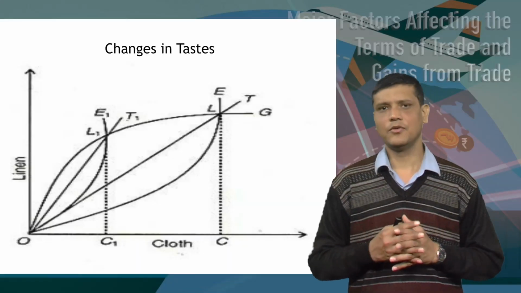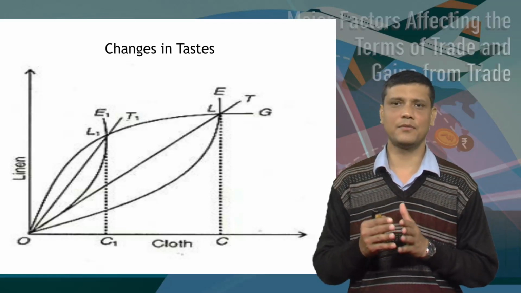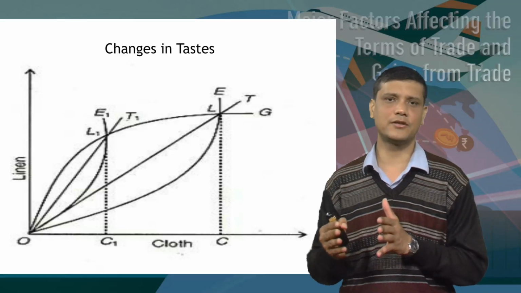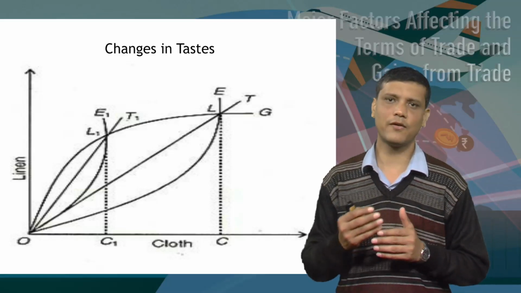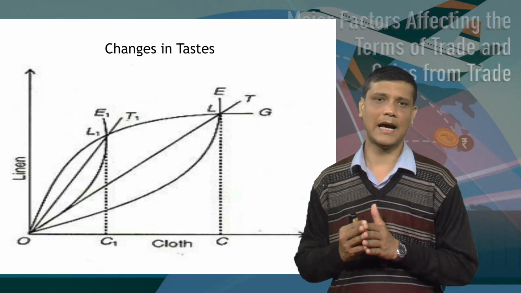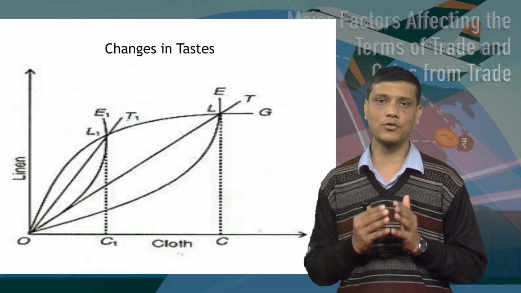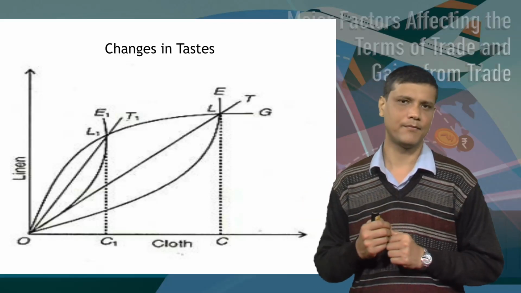In the diagram, we can observe that when England's taste changed from Germany's linen to its own cloth, its offer curve shifts up to OE1 and intersects Germany's unchanged offer curve OZ at L1.